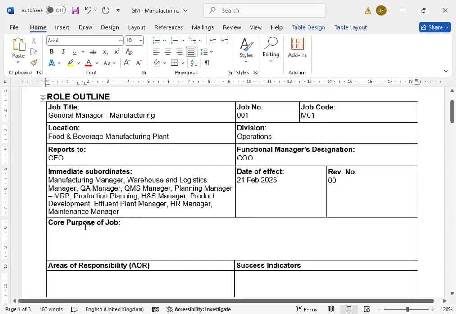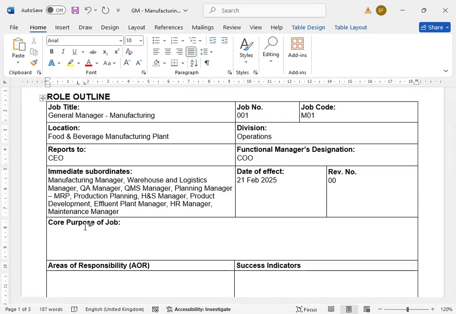Okay. Then the next item that we're going to write is the core purpose of the job. This is very important for the role so that we know what the purpose of the role is, why the general manager is being placed in that manufacturing, what is the role of this general manager manufacturing.